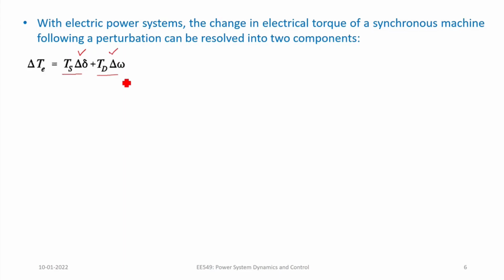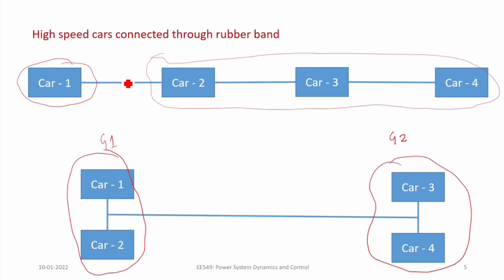Like in this car analogy, suppose car 1 is moving faster. The friction because of car 1 will act as a damping force, and that will depend upon the change in the speed, right?